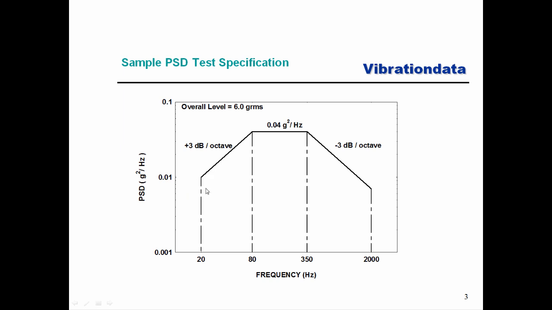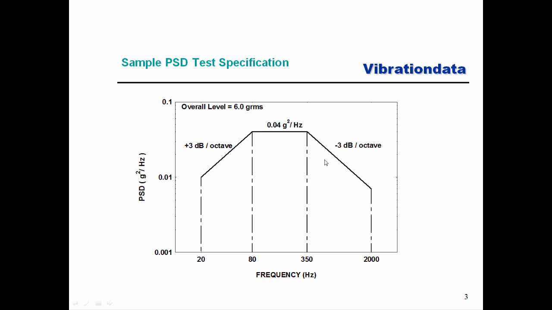Now, another reason we go from 20 to 2000 hertz for aerospace is typically we're concerned about circuit boards in electronic boxes. And those circuit boards tend to have frequencies, for the most part, fundamental frequencies anyways, that fall from, say, 200 to maybe 600 hertz or so.